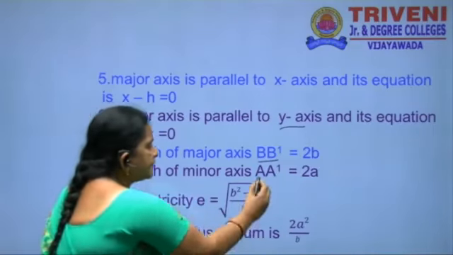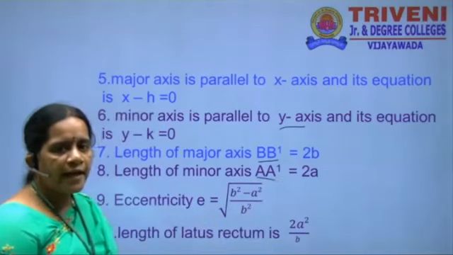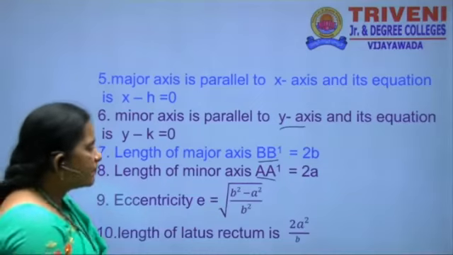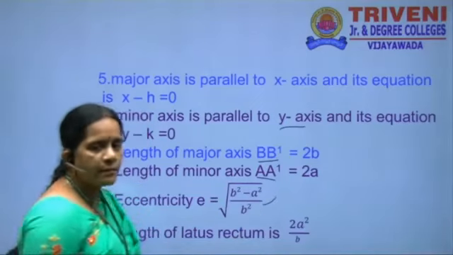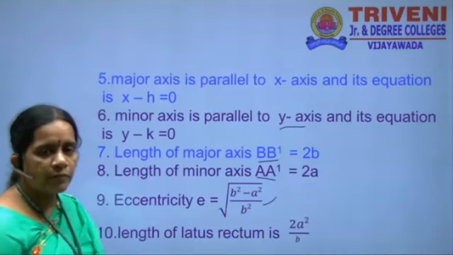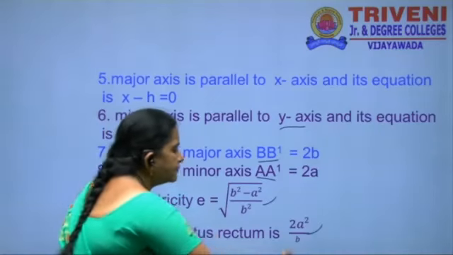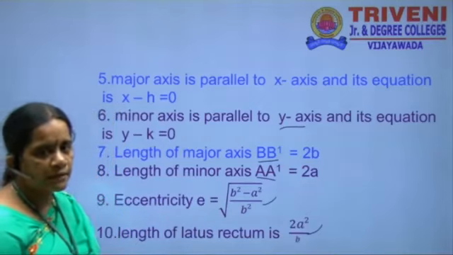The length of the minor axis is denoted by aa dash. The length is 2a. Here the eccentricity is square root of b square minus a square by b square. Then the length of the latus rectum is 2a square by b.